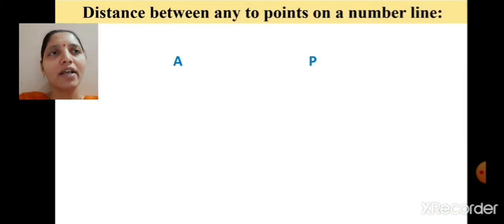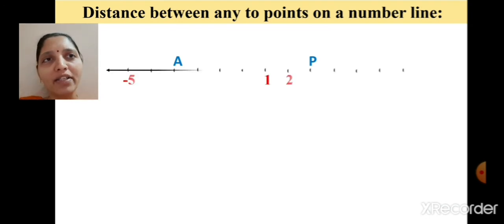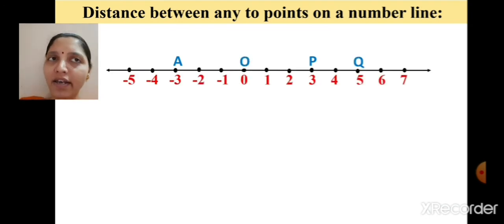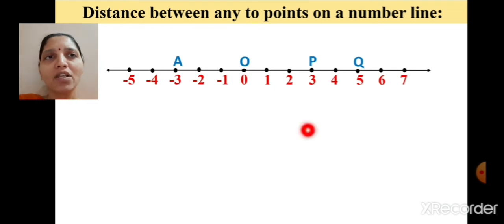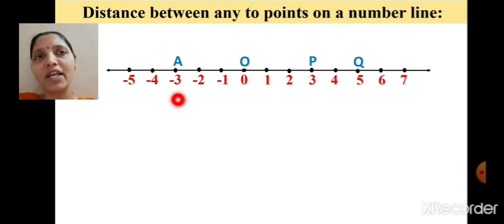Okay. Now let's see how to find the distance between any 2 points on a number line. So first we will draw a number line here. So see, at the center we have 0, and on the right hand side of 0 all positive numbers, on the left side of 0 all negative numbers.